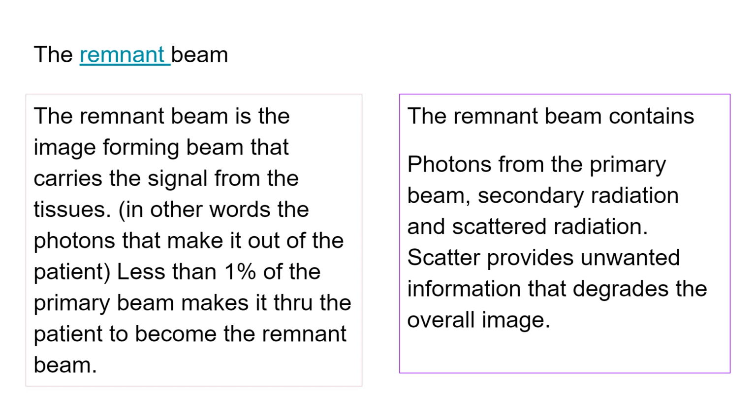And of that remnant beam, some of those X-rays aren't even as good as others, because some of them have been scattered, we'll talk about that next, and they come out of the patient at weird angles, carrying misinformation and leading to a reduction in image quality. So of that 1%, you still lose some of the photons. They're not all good, for lack of a better term.